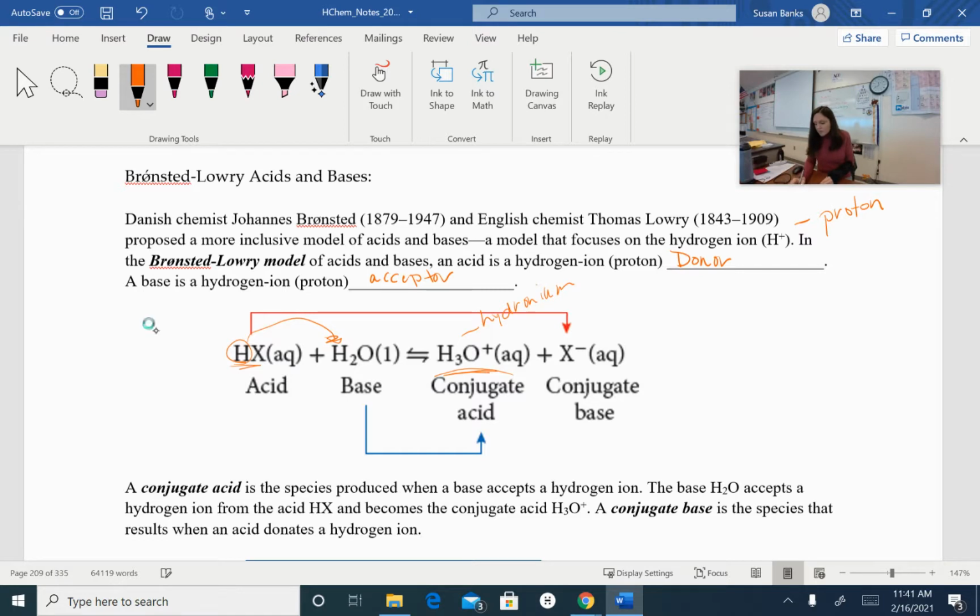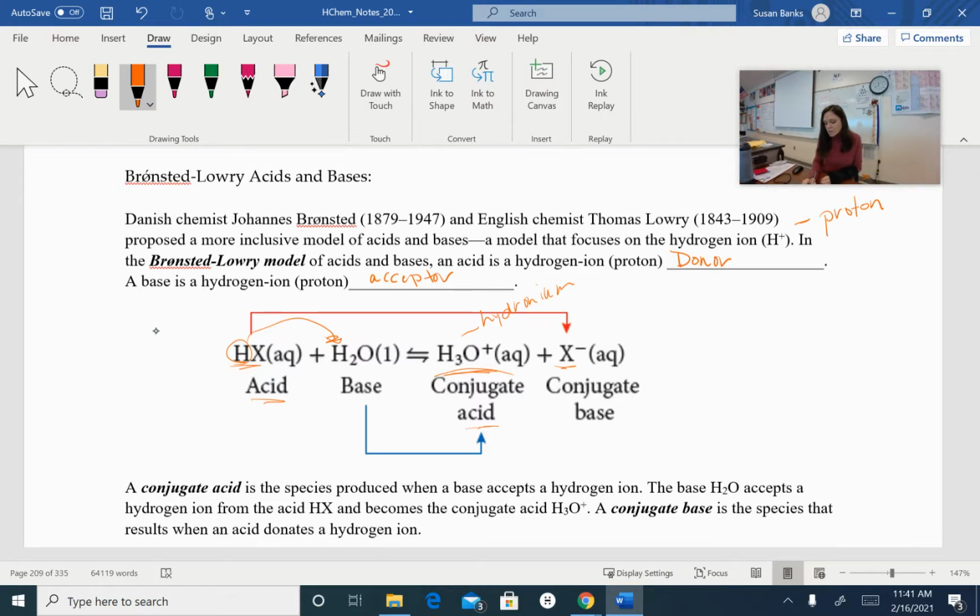And I would be left with the negative ion from that acid. Now, we have the acid that we start off with, and what the hydrogen goes to is what's called the conjugate acid. So whatever accepts that hydrogen or that proton is called the conjugate acid.